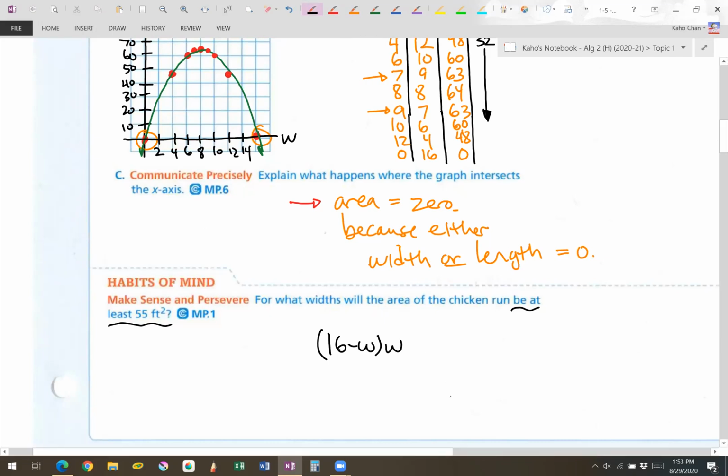At least means 55 or greater. It's kind of one of those backwards thinking expressions. At least means greater than or equal to. So what you can do is simplify this, put in a graphing calculator, and solve it. We can do that in class. Next page.